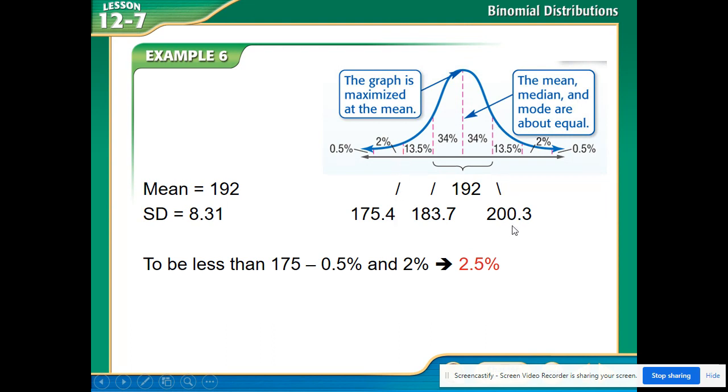This one is 203. Now we want to be less than 175, which is basically this value right here. It's a little off, but we're just going to call it that. So what are the areas that are less than this, 2% and 0.5%? So we have to add those together for an answer of 2.5%. So that's how we can use our normal distribution with our binomial distributions to come up with some percentages.